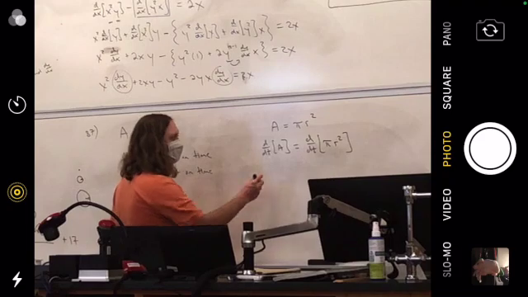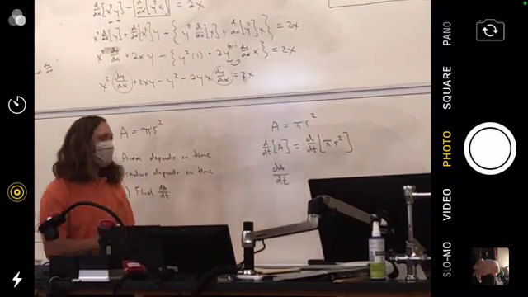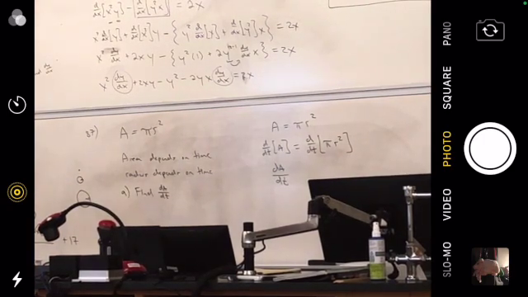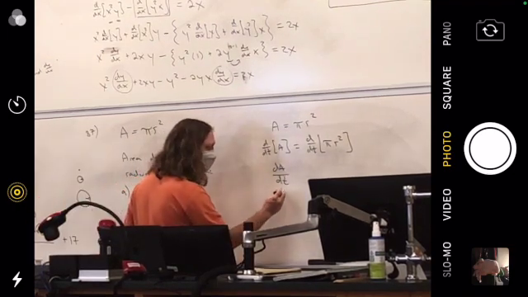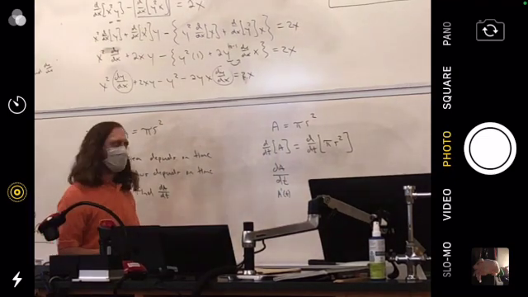So then, what is this? Usually we just write dA dt. There's nothing left there, right? A depends on time. The derivative of A would just be dA dt, or A prime of t, if you wanted to write it that way. Usually we don't. But it's the same idea here. What about on the right?